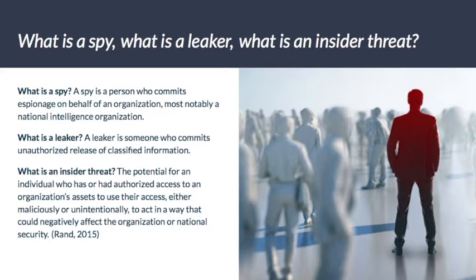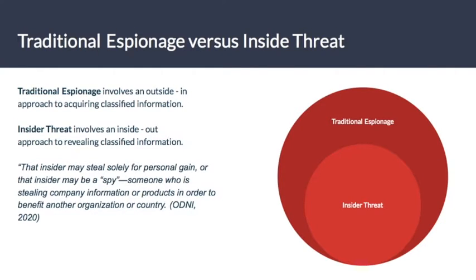Often, an insider threat will be approached and recruited to operate on behalf of another entity, or to fulfill some personal goal, often related to moral conflict. The simplest way to distinguish traditional espionage from insider threat is to think of it as outside-in versus inside-out strategies.